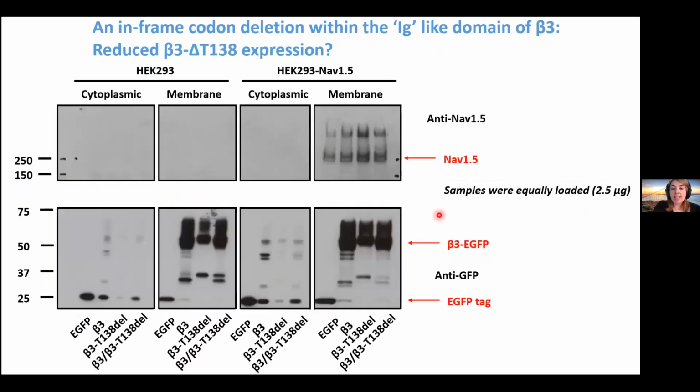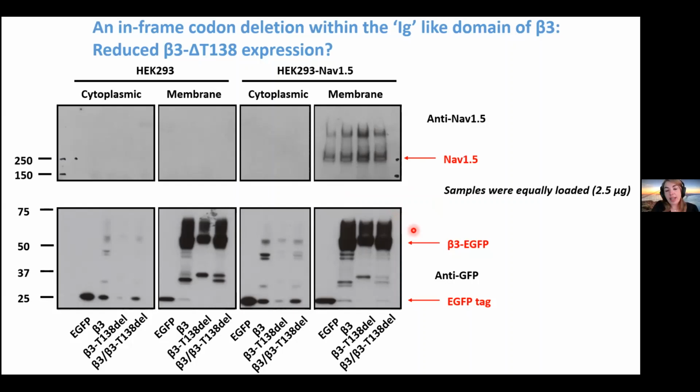But given that the loss of the T138 seemed to have such a marked effect on peak current, we wondered whether this might be in some way reducing the forward trafficking of NaV1.5 to the membrane. So we looked at the expression of the beta 3 with and without the mutation and NaV1.5 in the cytoplasmic and membrane compartments.